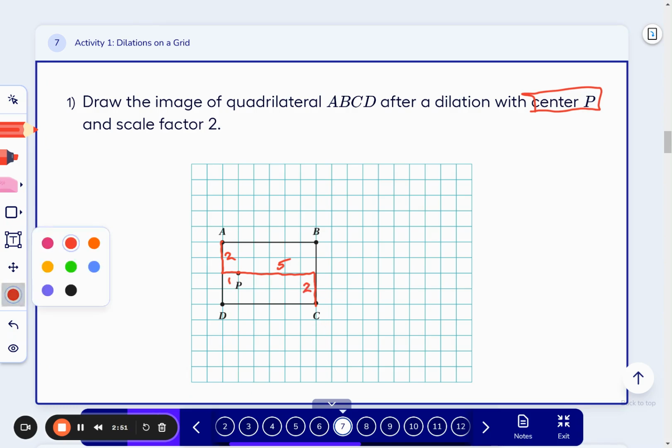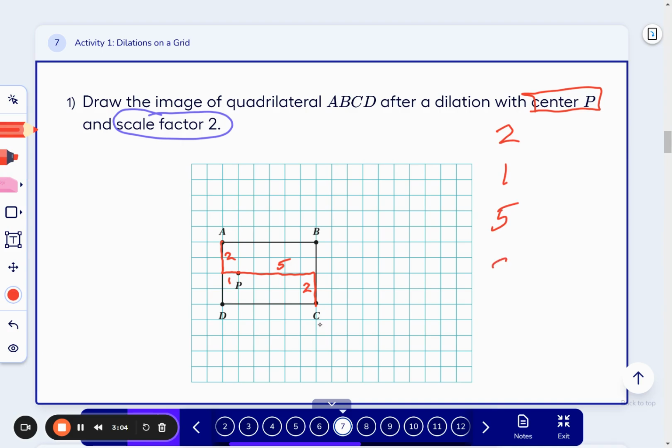And since our scale factor is 2, I want to take these numbers and multiply them by that scale factor. So my new numbers are 4, 2, 10, and 4.